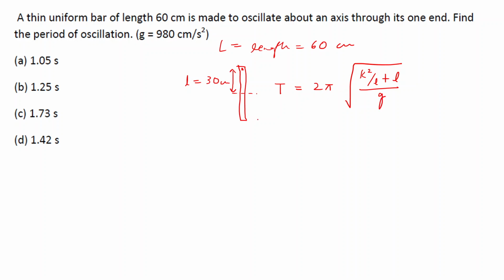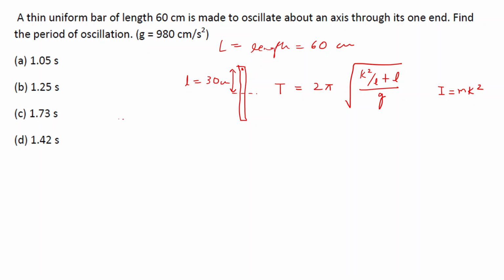Now we need to find out the value of radius of gyration, and as I told, the relation between moment of inertia and radius of gyration is this. So first we will find out the value of moment of inertia, then the radius of gyration.